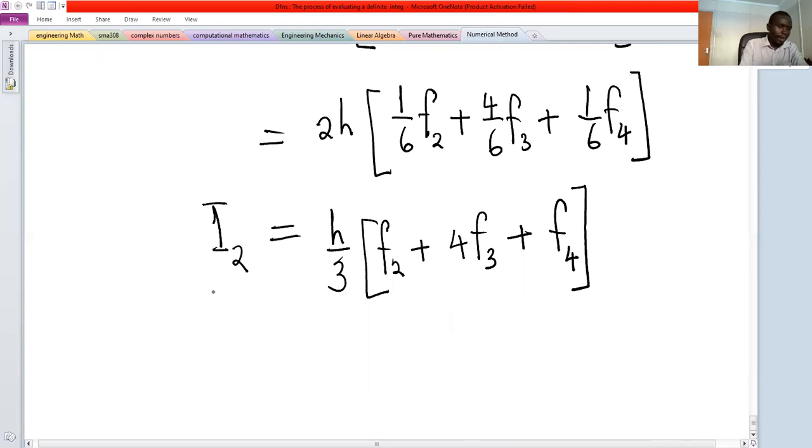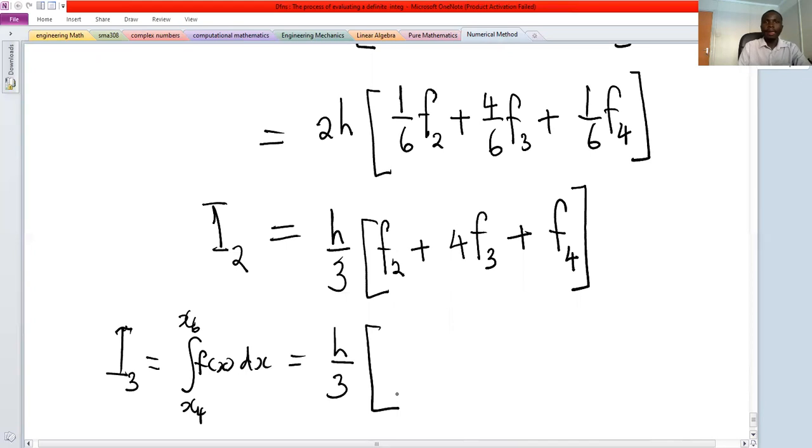So similarly, I3, you can work it out and find that I3, the integral now from x4 to x6 of f of x dx, will be h over 3.